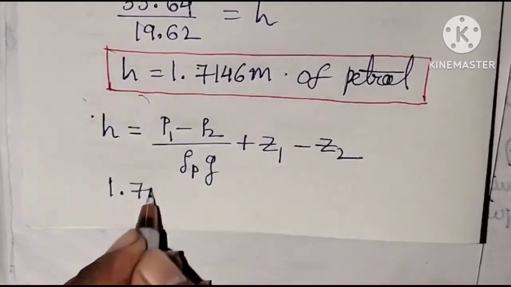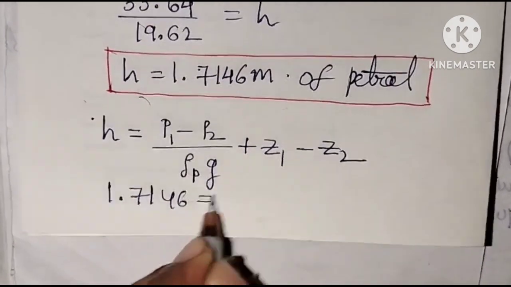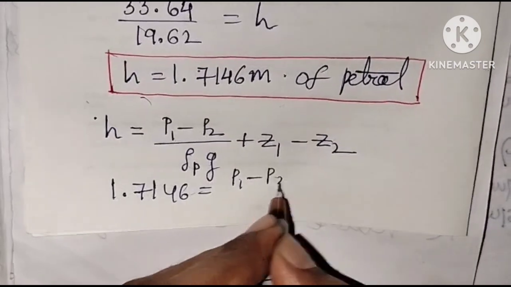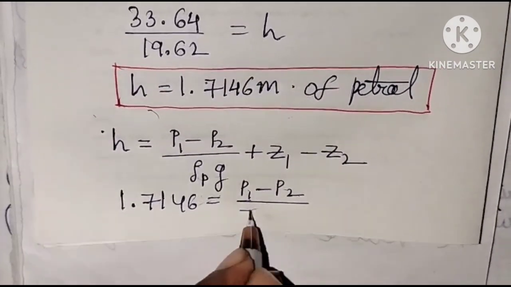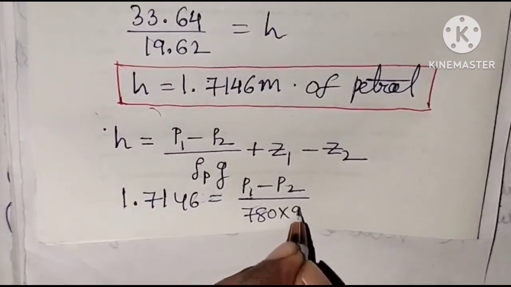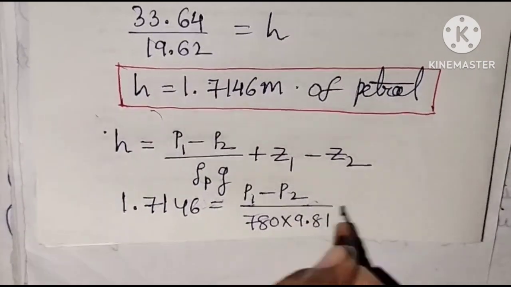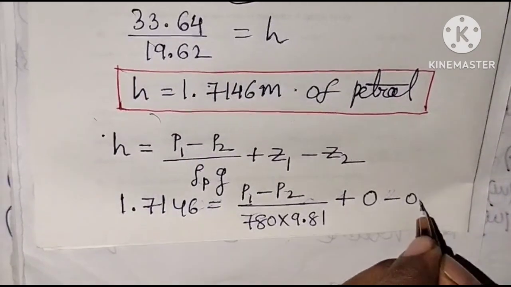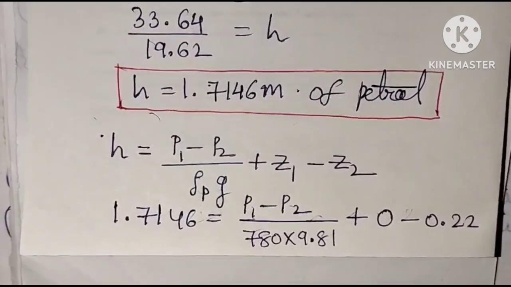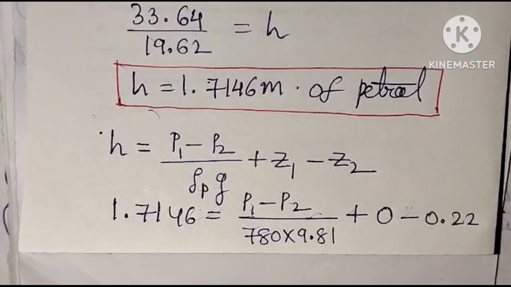H value is 1.7146 is equal to P1 minus P2 divided by rho P, density of petrol 780, into acceleration due to gravity 9.81. What is the value of Z1? 0 minus Z2, 0.22 meters. Okay, let us simplify this expression.